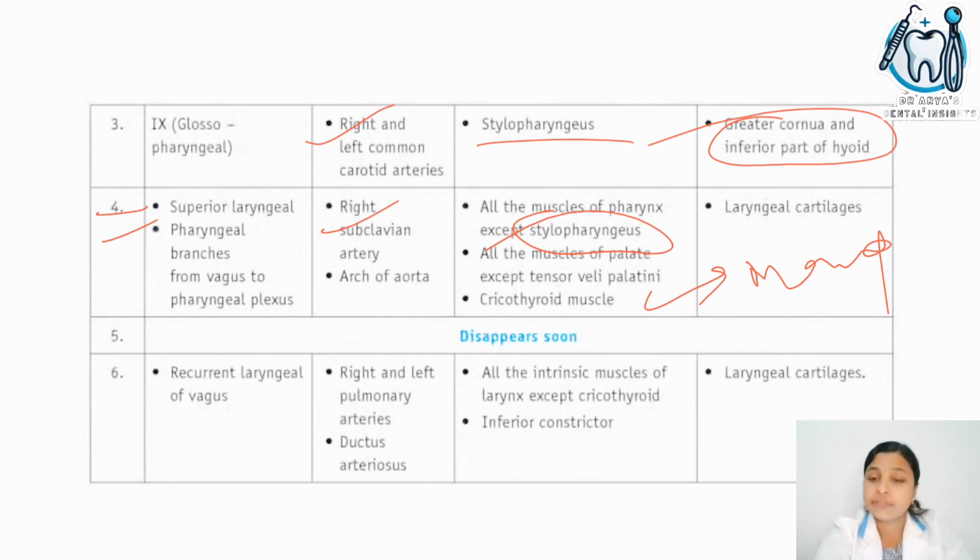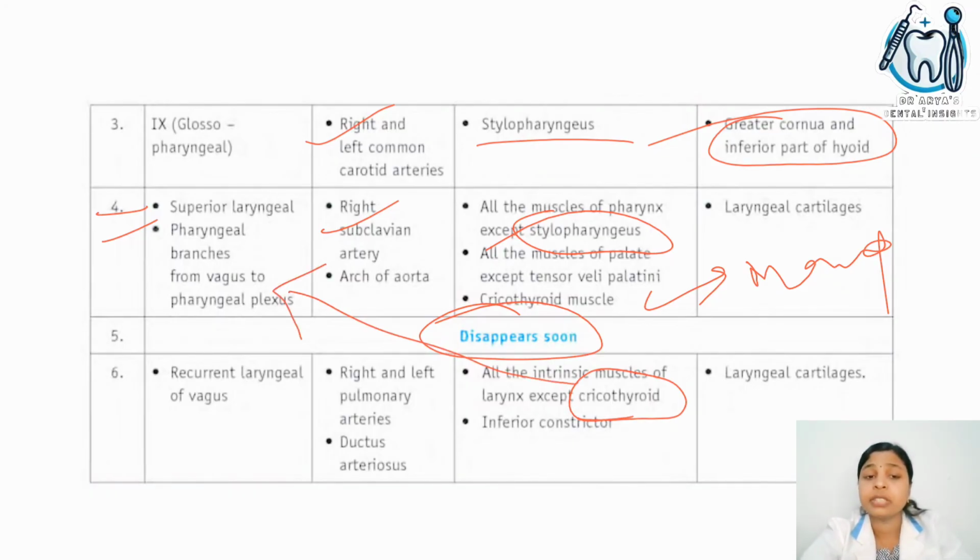And the fifth arch disappears soon. And then the sixth arch, recurrent laryngeal nerve of the vagus, then right and left pulmonary arteries and ductus arteriosus. All the intrinsic muscles of the larynx except cricothyroid, because cricothyroid muscle is supplied by the superior laryngeal nerve.